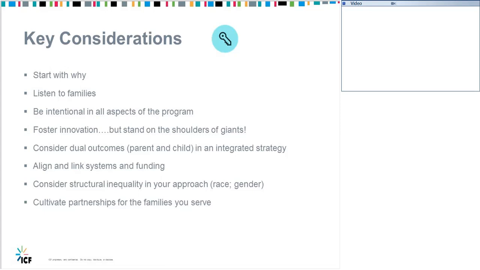Those opportunity youth should be an integrated part of the program with a shared dual outcome, not necessarily an independent set of outcomes, because the challenge with independent outcomes is they tend to become competitive. So if you can find a way to integrate the outcomes so that they're collaborative and working together, it will go a long way.